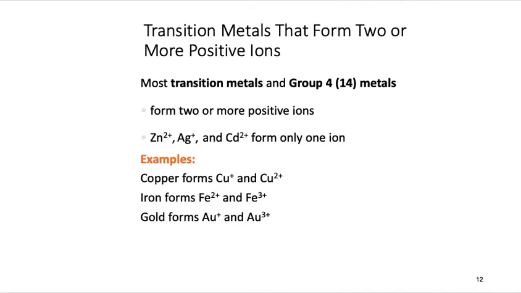Okay. So the transition metals, anything in the valley, say from scandium to zinc and under, and then all the way under the stairs, can form more than one oxidation number. So say, copper can be copper 1 with a positive 1 charge, or it can be copper 2.